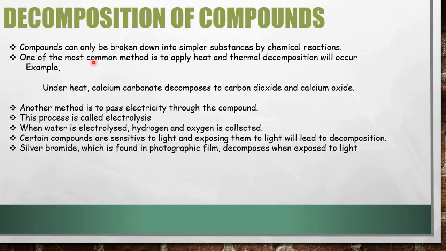So, decomposition of compounds. Compounds can only be broken down into simpler substances by chemical reactions. It must involve chemicals. If no chemicals are involved, you cannot separate the compounds. One of the most common methods is to apply heat, and thermal decomposition will occur.